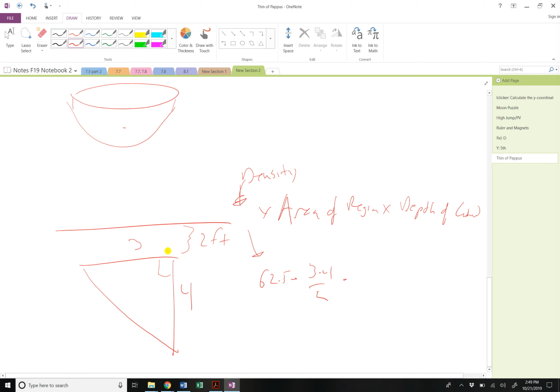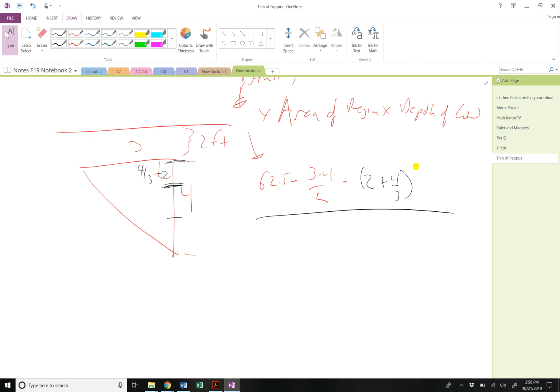Well, now we know where the centroids are for triangles. No wonder my voice is hurting. So for the depth of the centroid, I'm going to have to come down 1/3 of this distance. So I need to come down 4/3 here, but then I have to add on another 2, so 2 plus 4/3. And there you go. That will be the hydrostatic force.